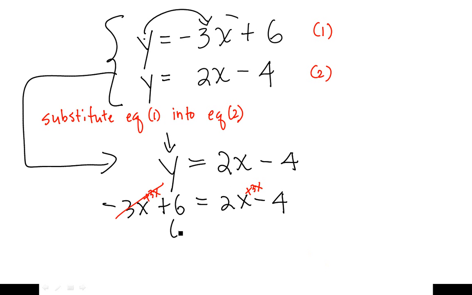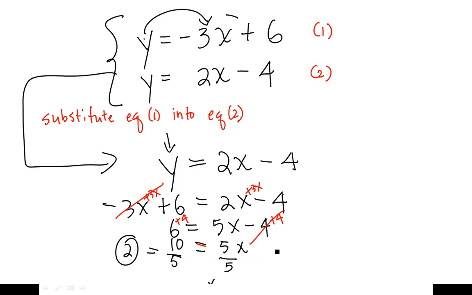And you have 6 equals 2x plus 3x is 5x minus 4. And then what you can do is add 4 to both sides. That cancels. So we have 5x on this side, we have 10 on this side, divide by 5, and we get 2. X equals 2.